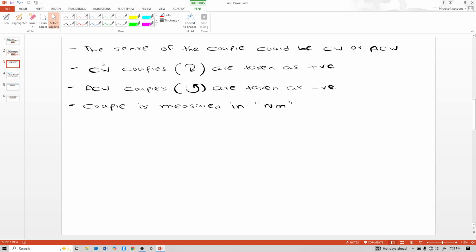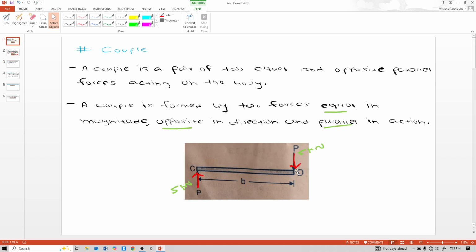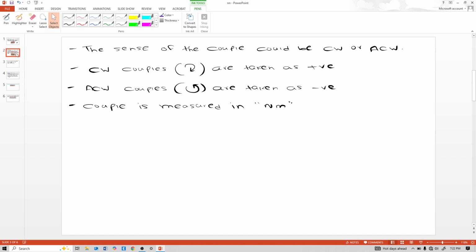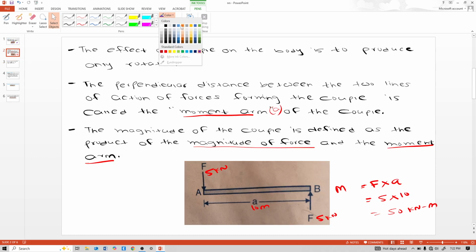Now next is, see, the sense of the couple could be clockwise or anti-clockwise. We saw that in our first slide. See, understand the sense of couple. See these forces. They are clockwise, and a clockwise couple we assume in this subject as positive, or it may be anti-clockwise.